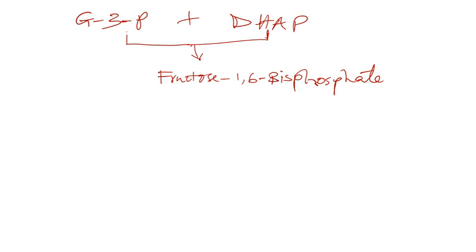So the fructose 1,6-bisphosphate is then reduced.